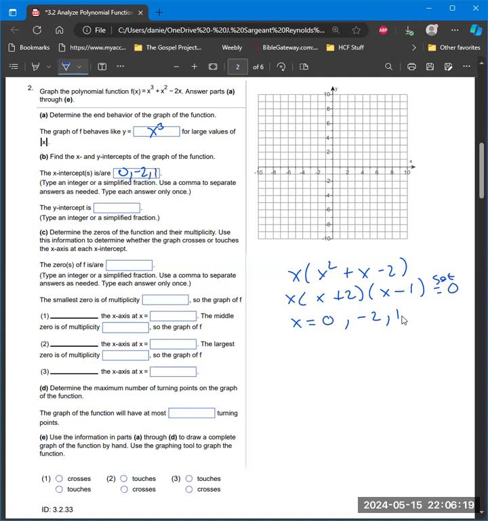And the y-intercept is going to be at 0. The zeros are 0, -2, and 1.